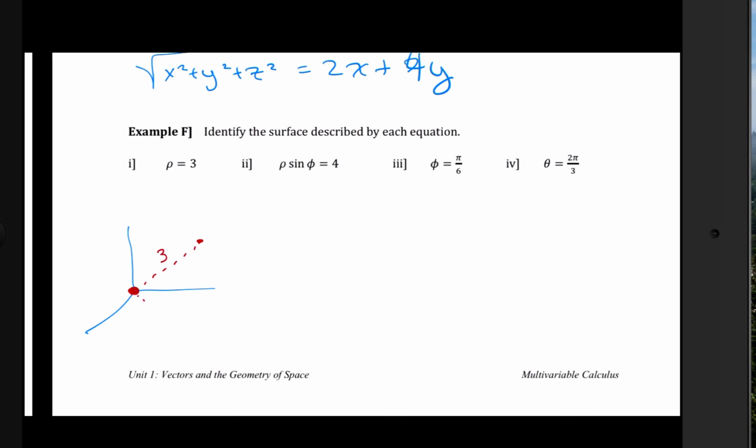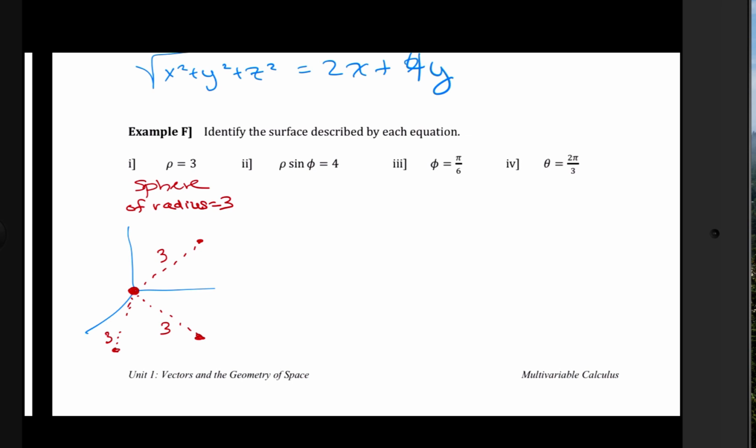No matter where I am, if I go from the origin to a point in space, and again, keeping in mind I'm in 3 space, rho is always going to be 3. This is simply a sphere, hence the name spherical coordinates, a sphere of radius 3.